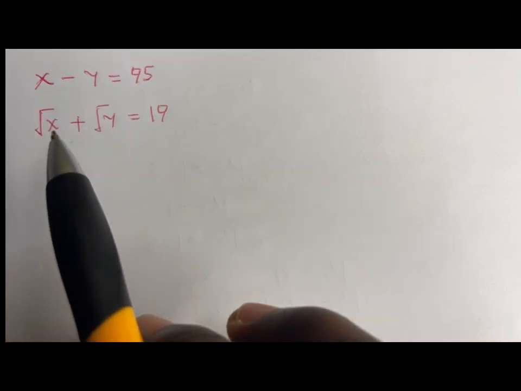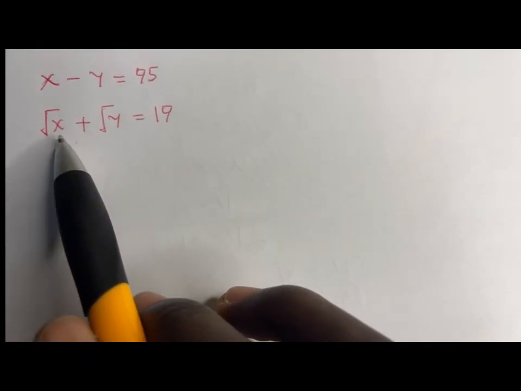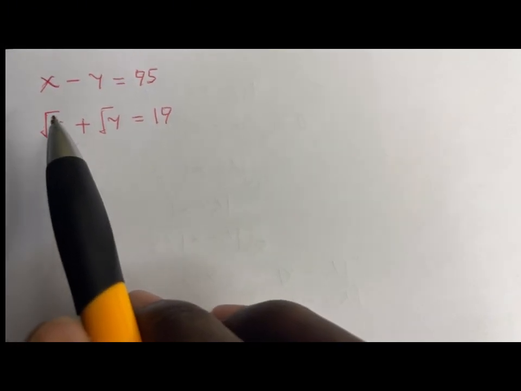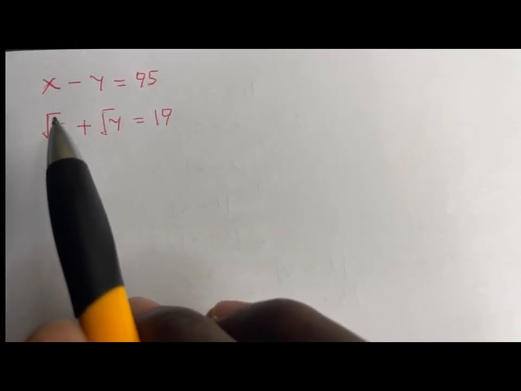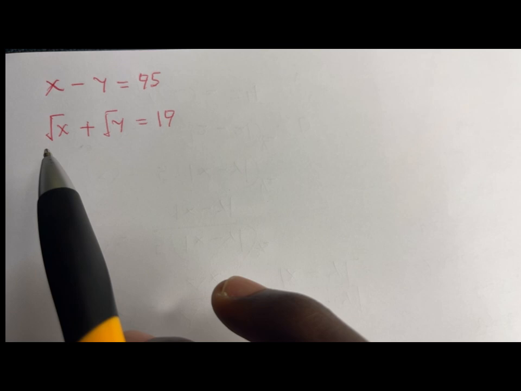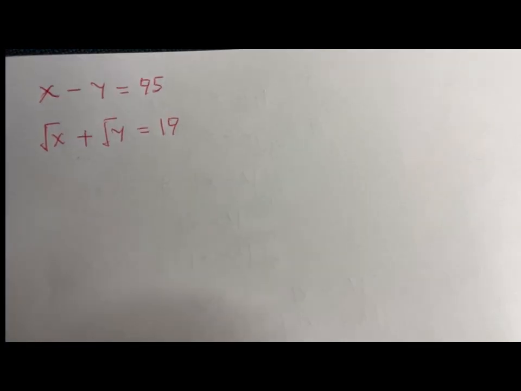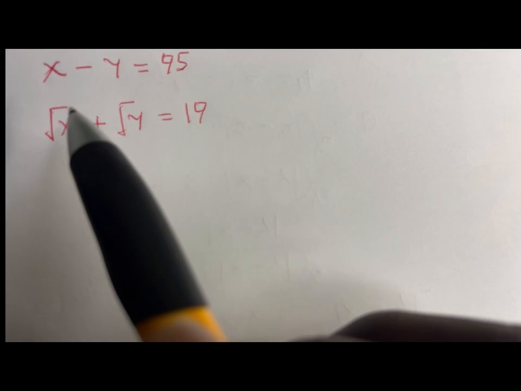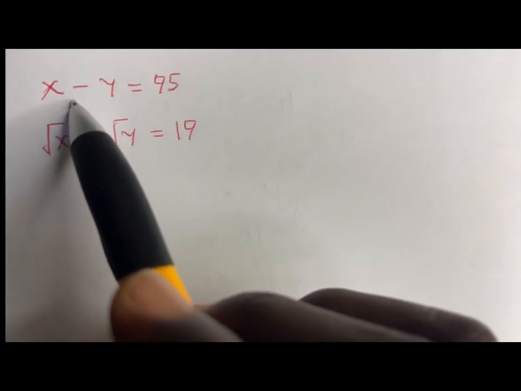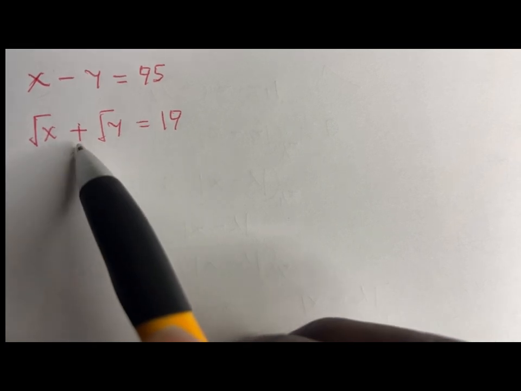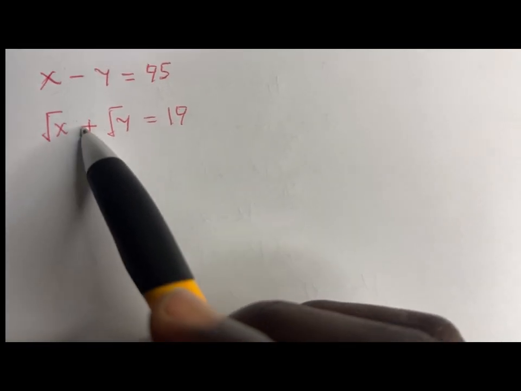The emphasis wouldn't be on the coefficient, because the variable x and the x here have one thing differentiating them, which is the exponent. So the exponent for this x is power 1, and this is a half.